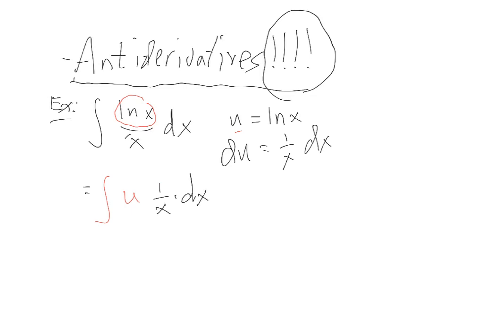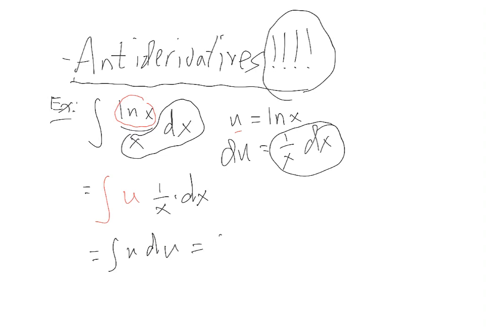And lo and behold, 1 over x dx translates super nicely to du. And so therefore we get 1/2 u squared. Now that we've got our antiderivative, we can plug in what u is, which is ln x, squared, and then we'll tack on our plus c.